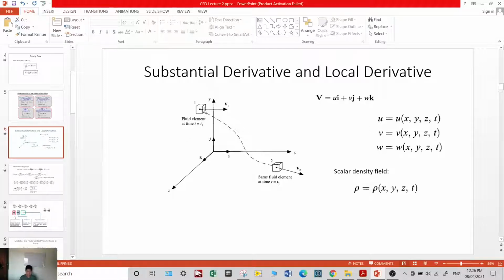So kani siya nga model, Lagrangian ni siya nga model, because it is assumed that a fluid element, no, travel ni siya from point 1 to point 2. Okay, so ang iyang density is defined by this vector. Rho is equal to rho as function of x, y, z, and t.